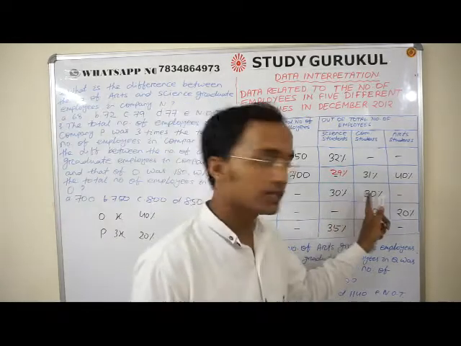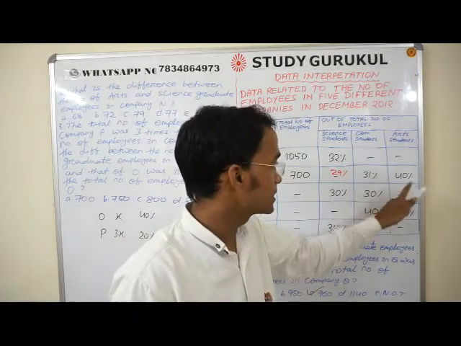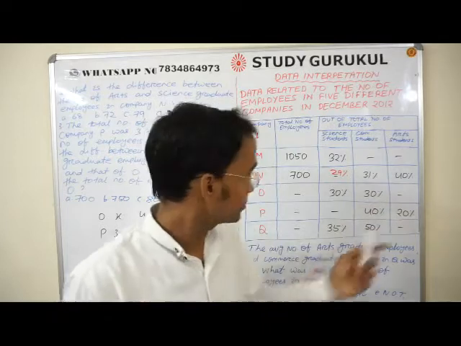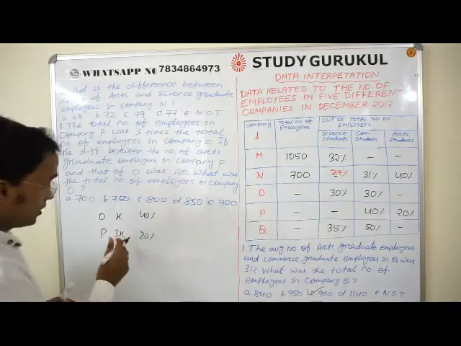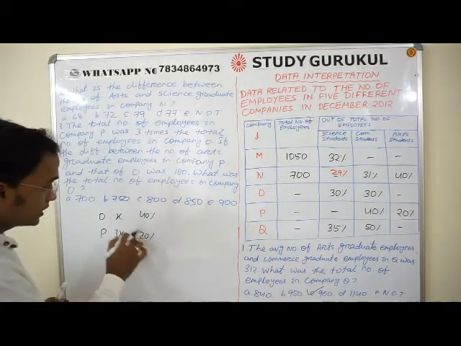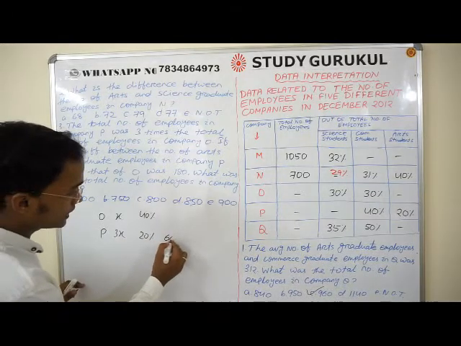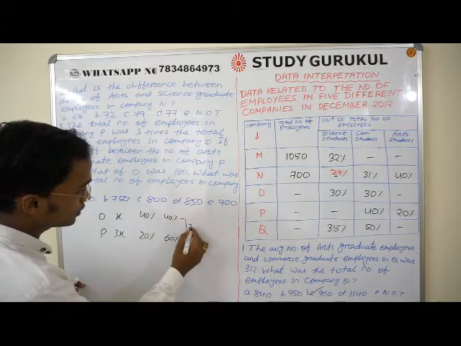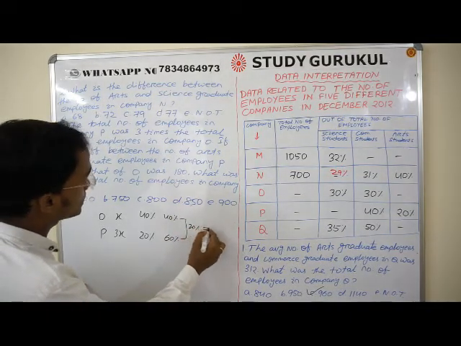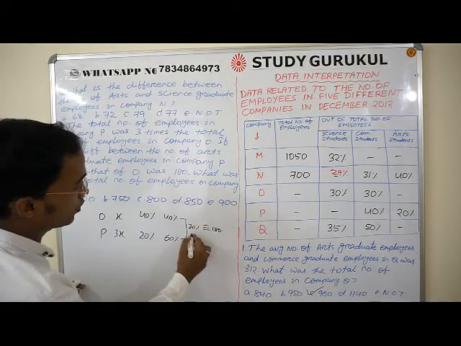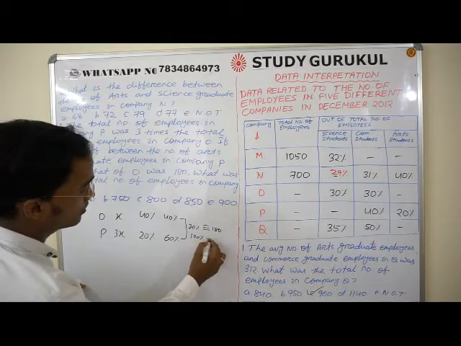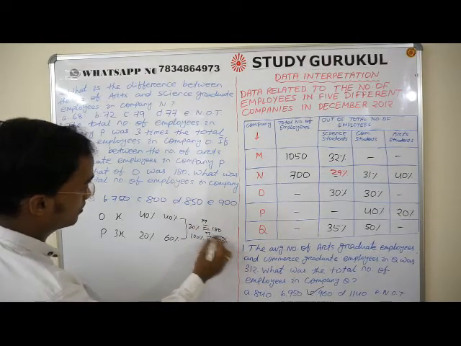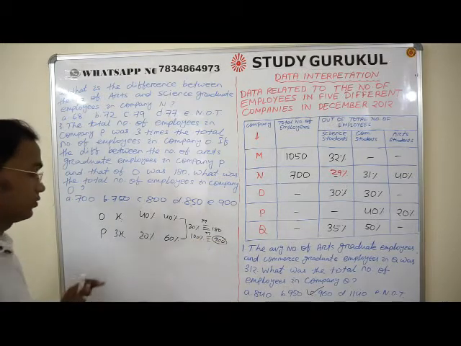This is 30%, this is 30%, so 60%, so what is the remaining? 40%. If 3x is 20%, it will be 60%, and the other is 40%. Difference is 20%. 20% is given 180, so 100% will be into 9, 900, which is x.